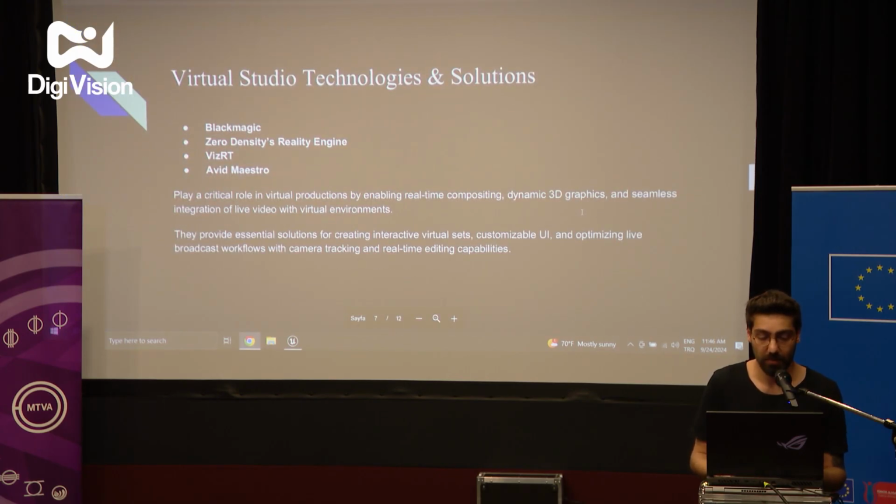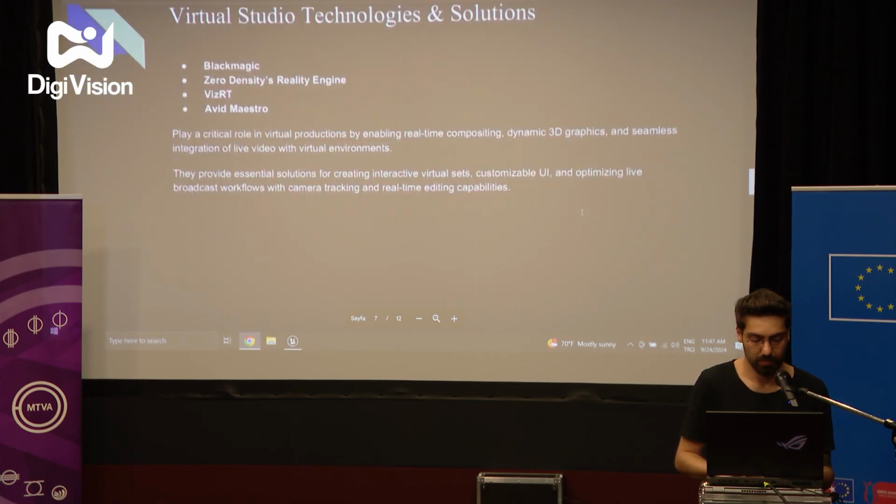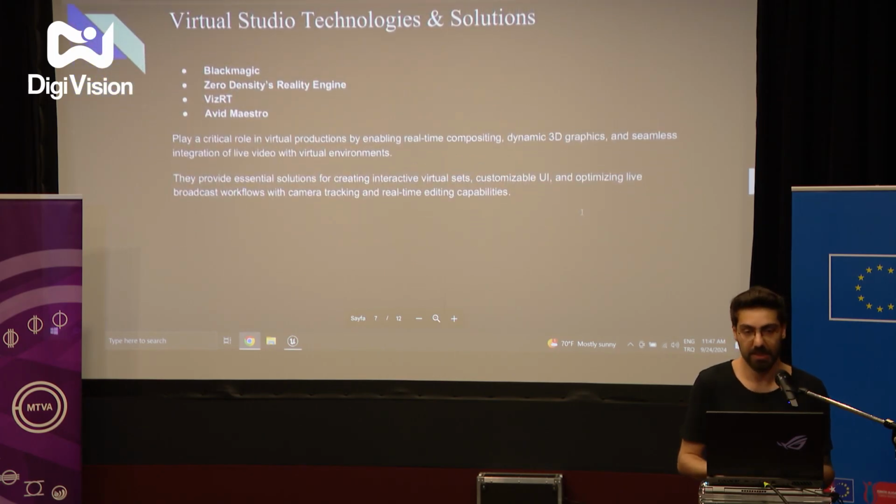And there are some virtual studio technologies called Blackmagic, Zero Density's Reality Engine, which is a fully customized Unreal Engine for broadcasting. And there's Vizrt and Avid's Maestro for these virtual studio technologies. What they are basically doing is helping to create this process very easily.